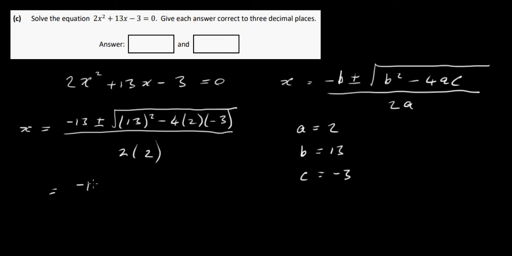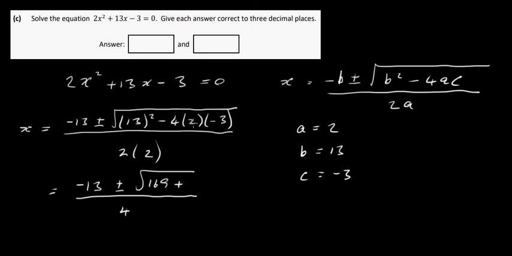Okay, so let's do this. We got minus 13 plus or minus the square root of something, over 4 here. Now, when you do this, let's see, we've got 13 squared, so that's 169. Now we've got minus times plus times minus. Minus times plus is minus, minus times minus is plus.